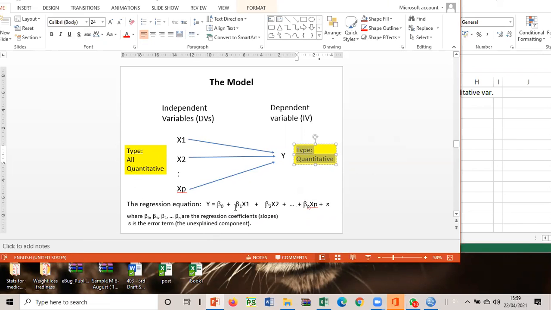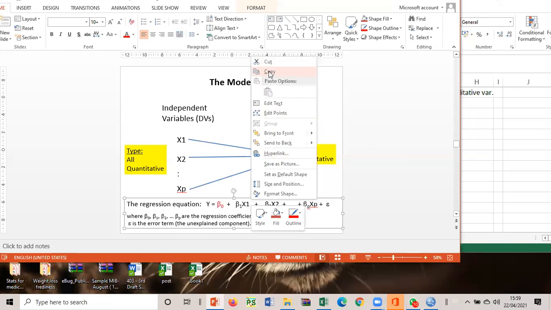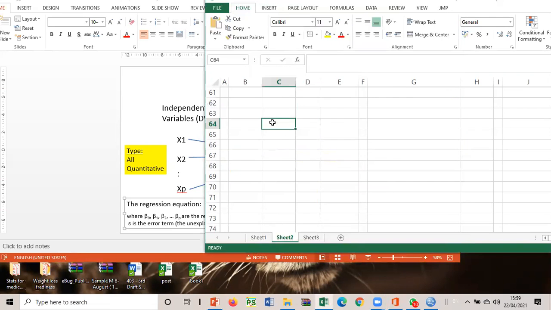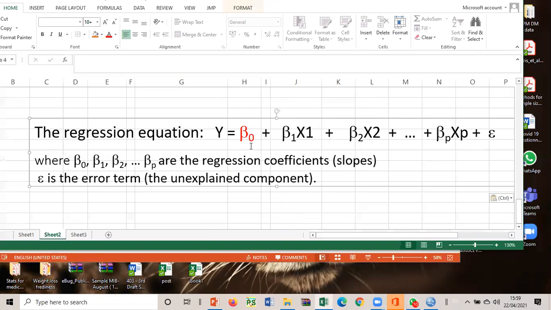And look at the coefficients. B0 is a constant, and you need to know what B1, B2, and so on are. Supposing this B1 is equal to 0, what does that mean?